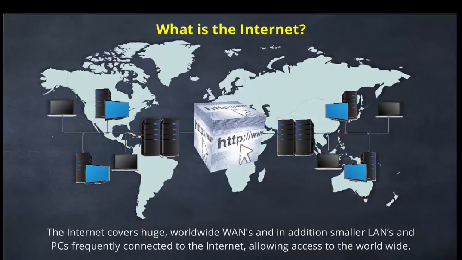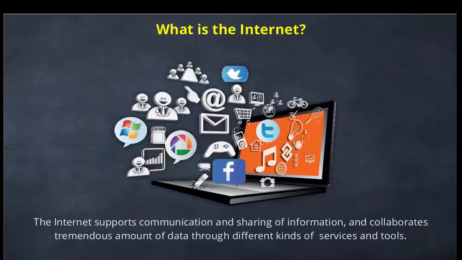The Internet covers huge worldwide wide area networks, WANs, and in addition smaller local area networks, LANs, and PCs frequently connected to the Internet, allowing access worldwide. The Internet supports communication and sharing of information and collaborates a tremendous amount of data through different kinds of services and tools.